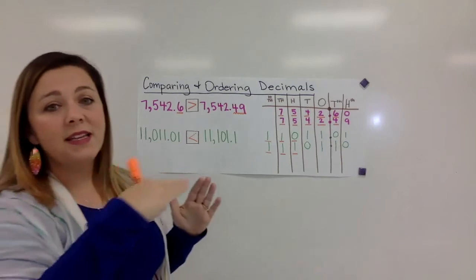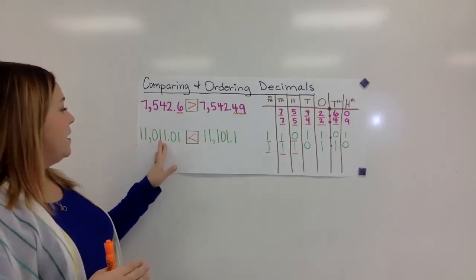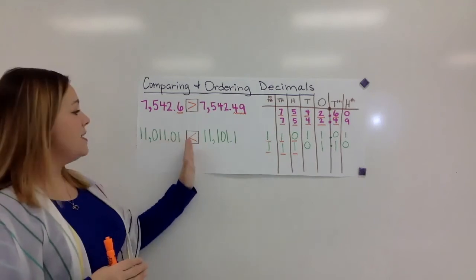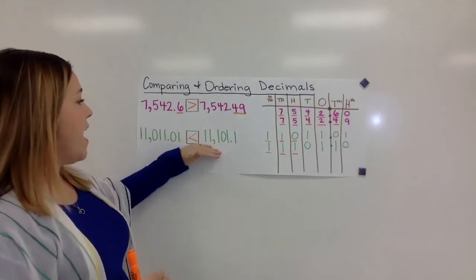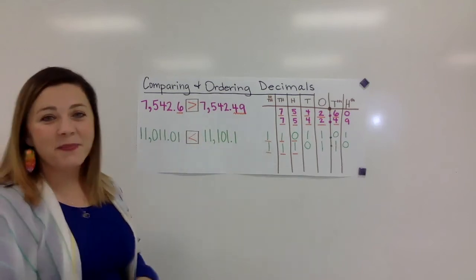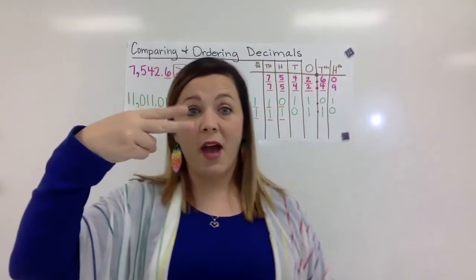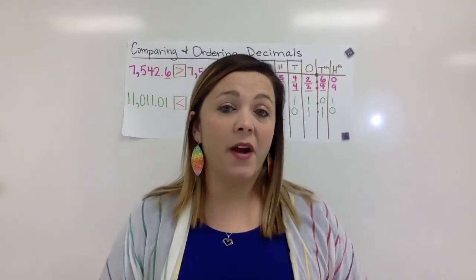And I would read this expression as 11,011 and 100th is less than 11,101 and 1/10. Okay, so that is how we compare those numbers when we have 2 numbers that we need to compare.